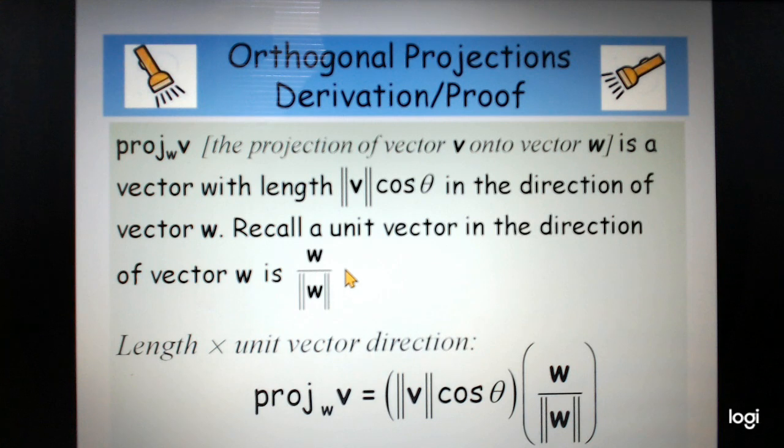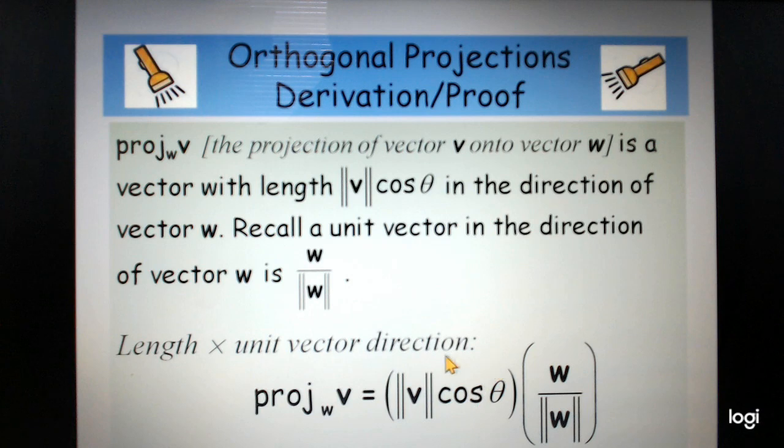And we've done this many times in the past. This is the definition of a unit vector in the direction of w. It's the vector w divided by the magnitude of w. So this is a unit vector of length 1 in the direction of w.